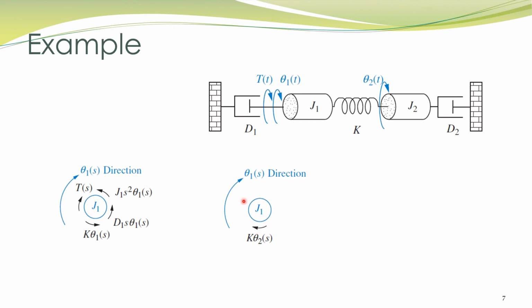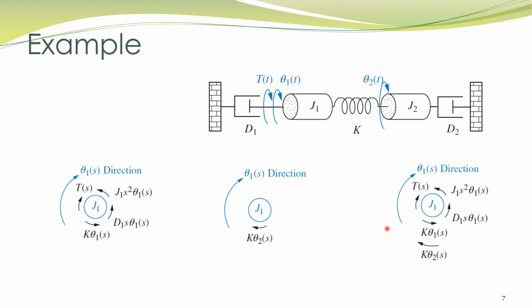The overall free body diagram for this object is obtained by summing up all the torques which are represented in these two diagrams. Therefore we have this free body diagram which includes all the torques shown on this figure and all the torques shown on this figure. Once we have this free body diagram, writing a mathematical model, that is, writing an equation, is very easy.